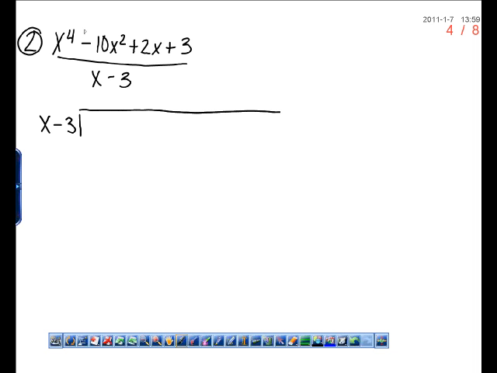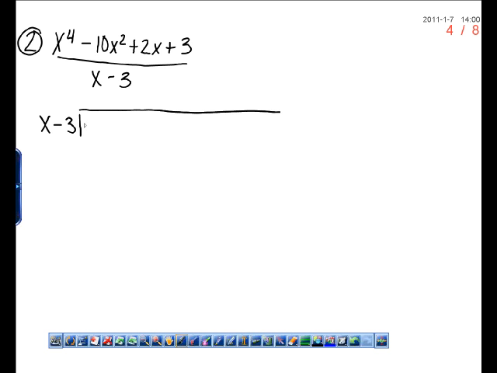What place value, if you want to kind of call it that, is missing? X cubed, okay? When you do long division, every place, like tens, hundreds, thousands? If you want to think about places with all the exponent powers, all the variable exponents, they must all be represented, okay?